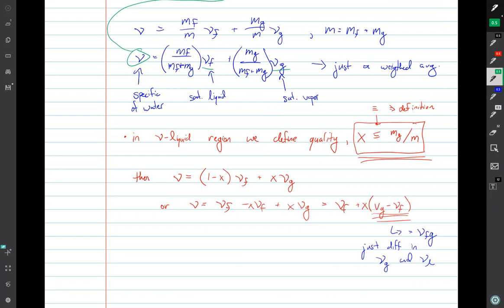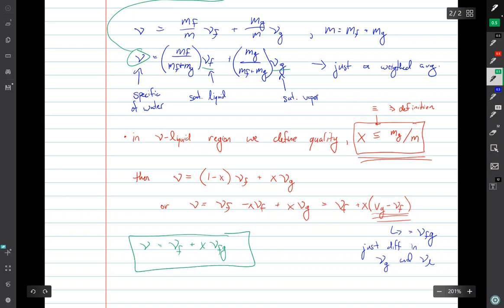So if we define things like that, we get this handy equation, which we'll use all the time. We'll define it here for specific volume, where the specific volume is the specific volume of the liquid phase plus the quality times VFG.